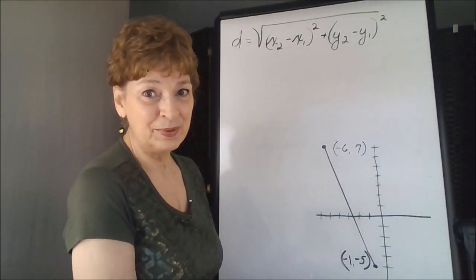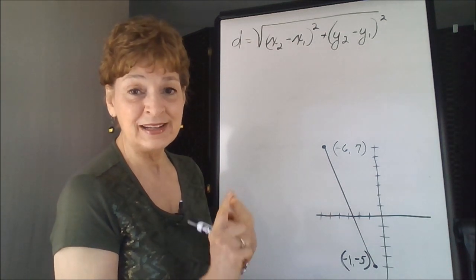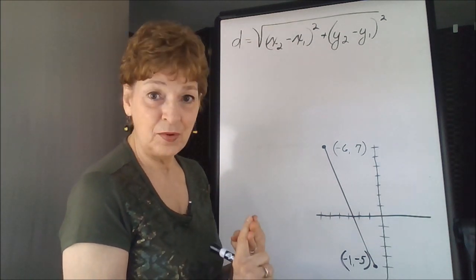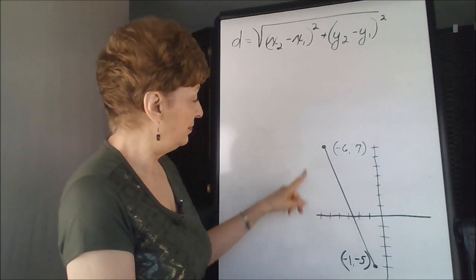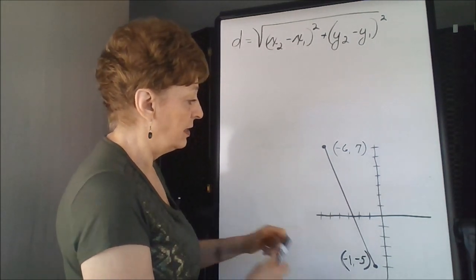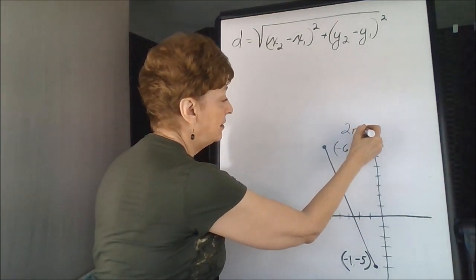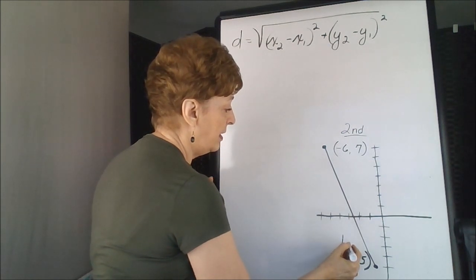Here's another example using the distance formula to the midpoint, and the ordered pairs of the midpoint. All right, here are our two values. Let's make this our second point, and this one may be our first.